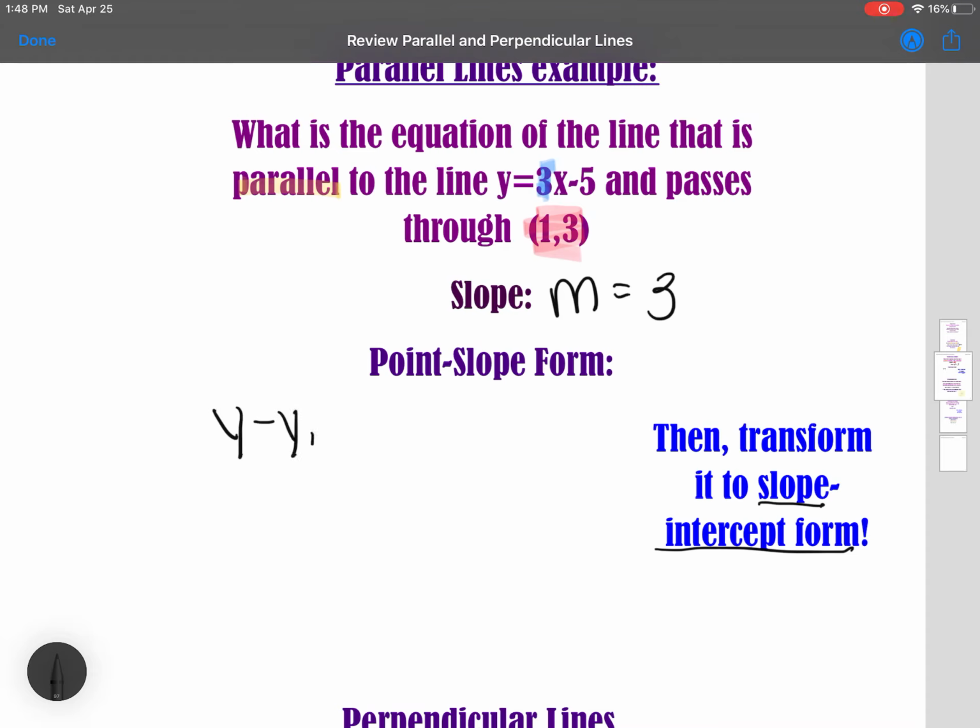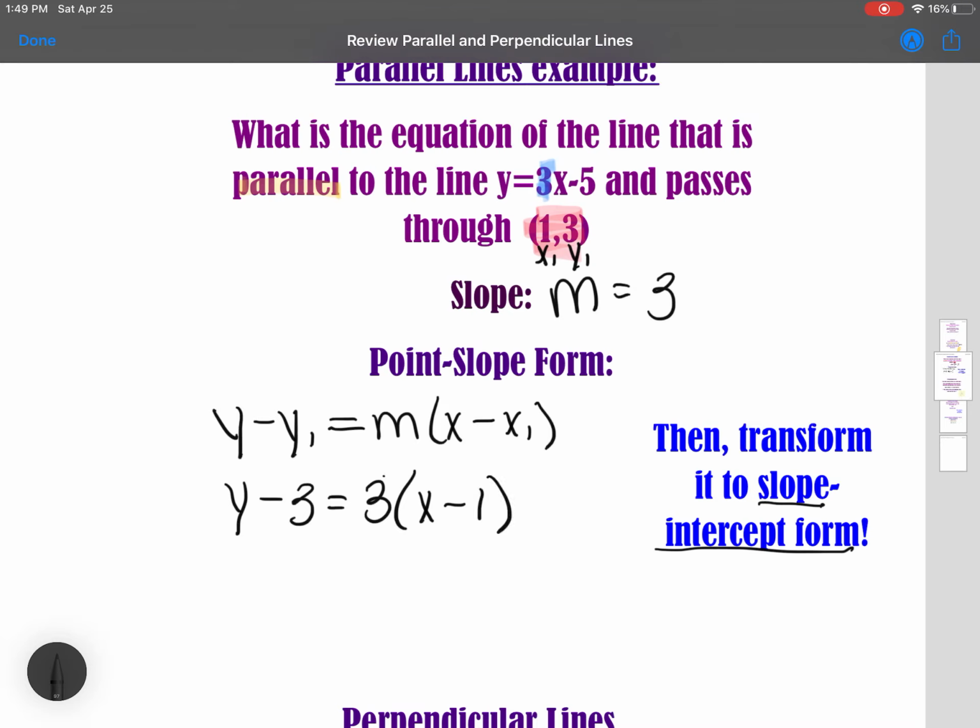So a reminder of what point-slope form is: y minus y1 equals m times x minus x1. I'm going to label that point up there x1, y1, and we'll start plugging things in. So y minus 3 equals 3 times x minus x1, which is 1.